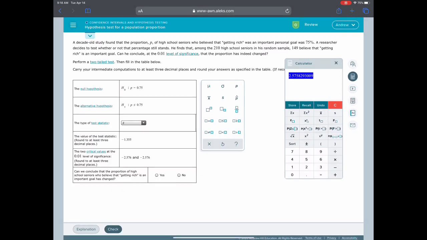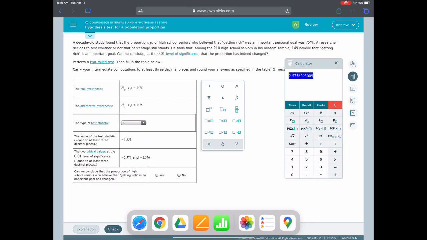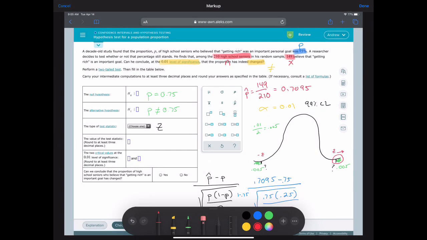So can we conclude that the proportion of high school seniors who believe that getting rich is an appropriate goal has changed? Well, let's go back to the picture one more time. We know this number now is 2.576, and this one is negative 2.576. Our test statistic was negative 1.355.